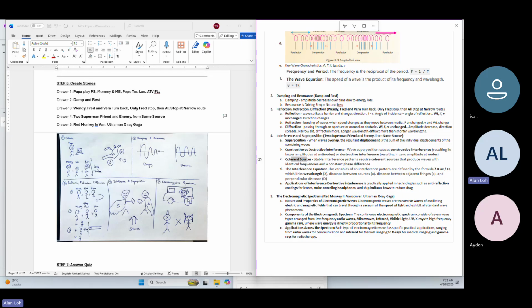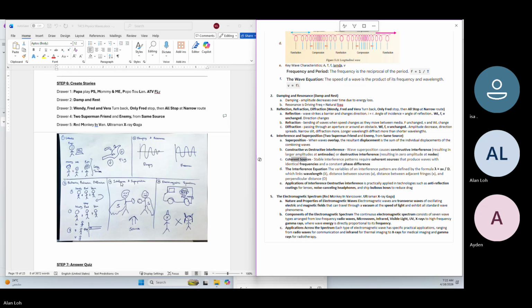I don't know how to draw Vancouver, so I draw it as a van. Then Ultraman X-ray Gaga. I'm not sure whether you know Lady Gaga. Yeah, I took the Gaga from Lady Gaga. Lady Gaga always wears something very weird. So this is representing Lady Gaga.